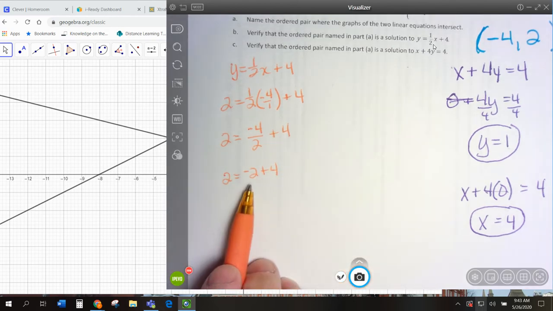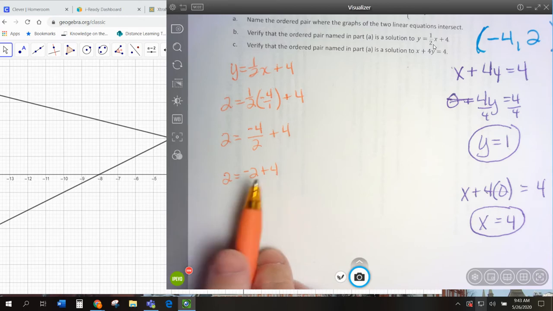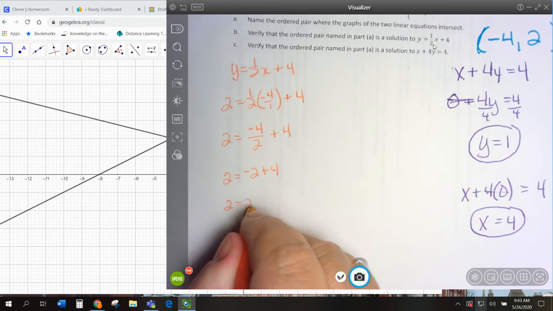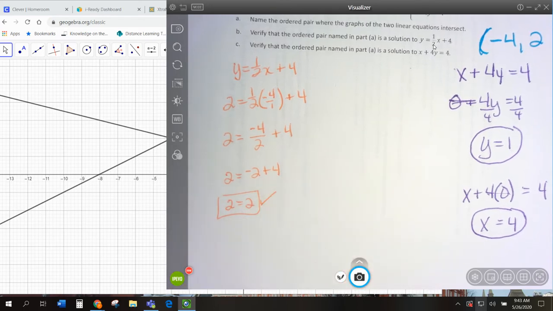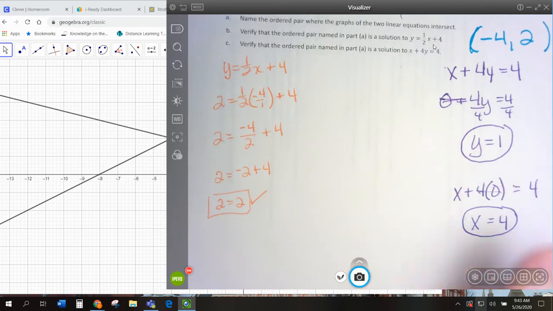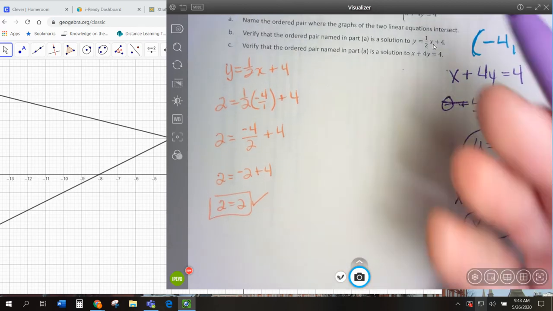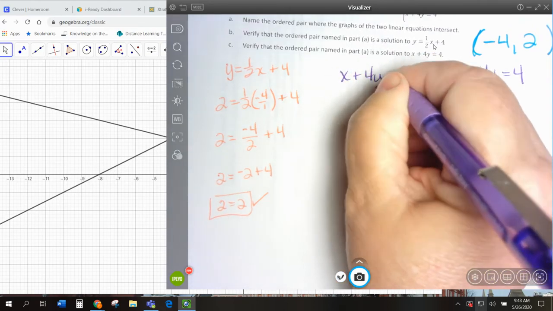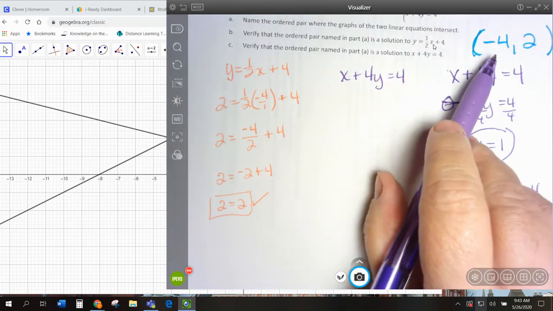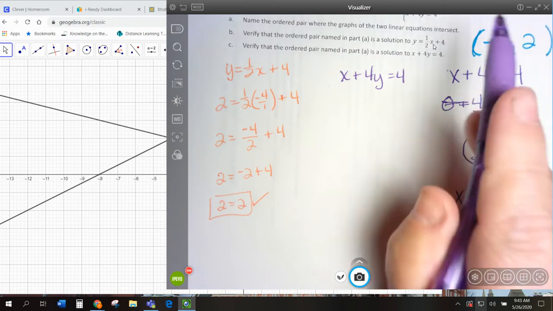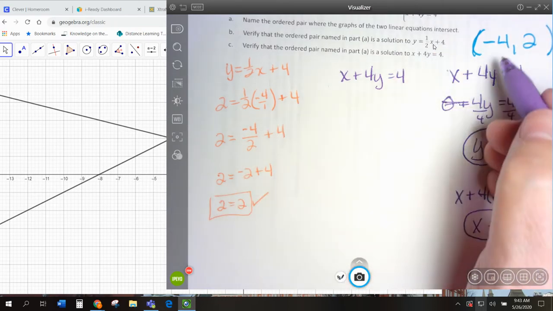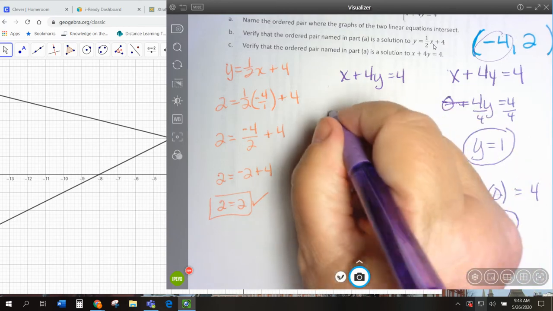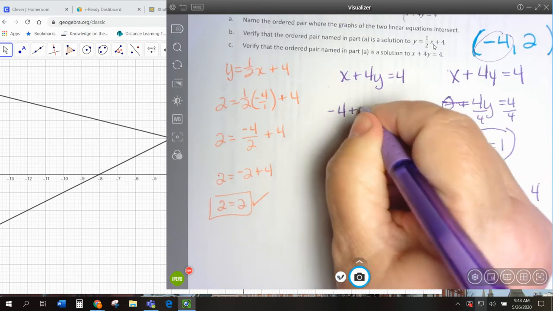If I start at -2 on the number line and I go up 4, I'm going to end up at +2. So this works. And let's do our second equation. X plus 4y equals 4. For x, we're going to put -4 in.